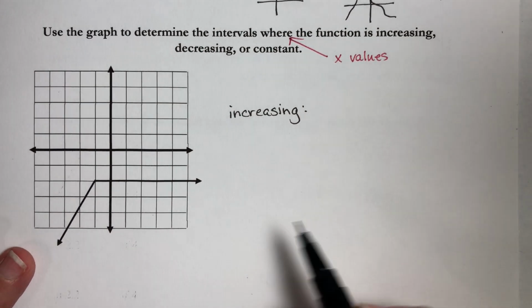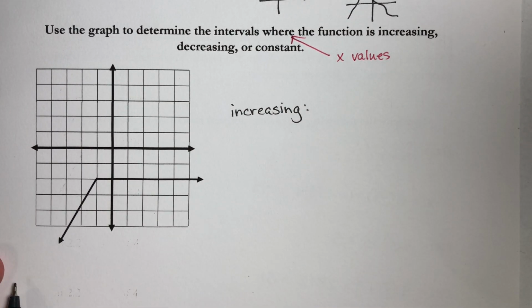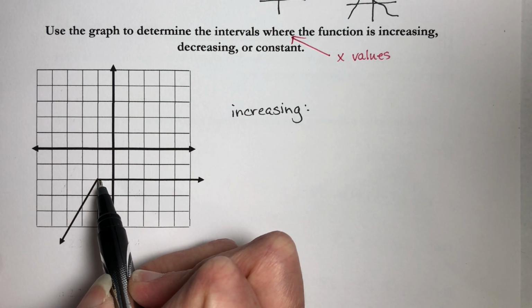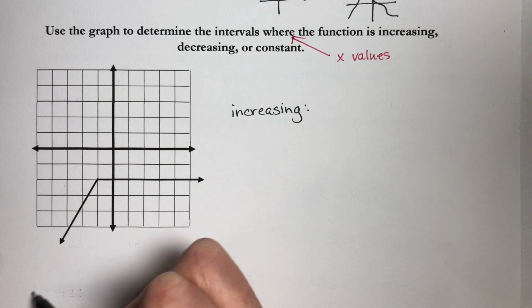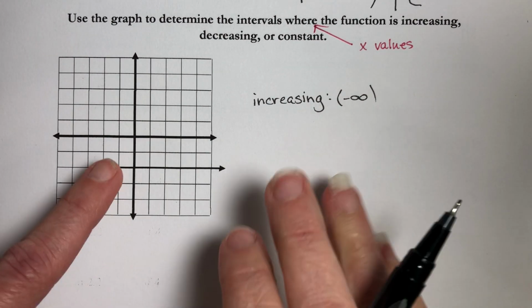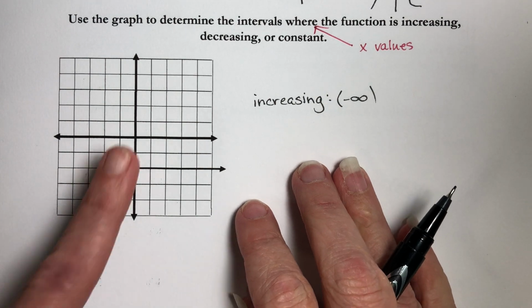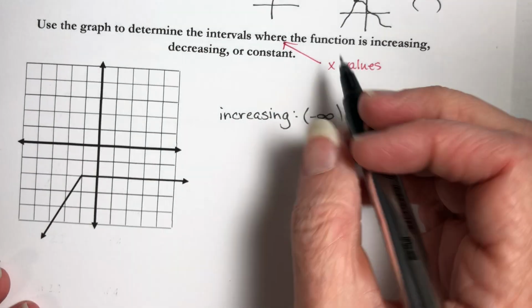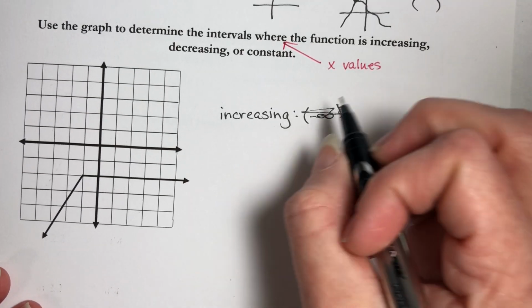Okay, so let's look at this. Where's my graph going up? Well, it starts off down here, and it's going up all the way to right here, correct? So this whole region, so it starts off at negative infinity, because this is going down. We tend to think of it more down, but our x values are always going to infinity. So that's a stray mark there. So let's mark this back out.